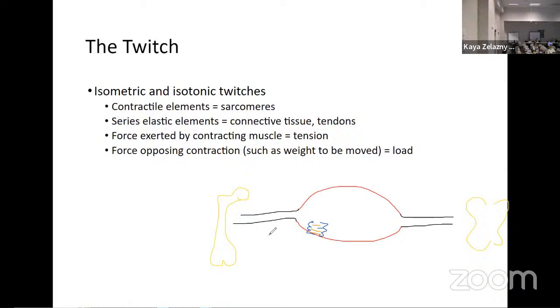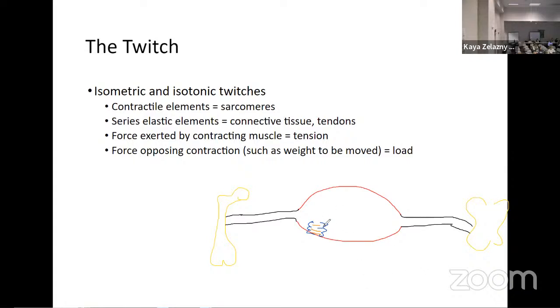But we attach two bones on either side of skeletal muscle, is kind of the point here. Okay, there's my tendon. Those tendons at the end are part of the muscle. They're important for attaching to the bones, but they don't have sarcomeres in them. So these are our series elastic elements, the tendons and other connective tissue attached to our muscles.